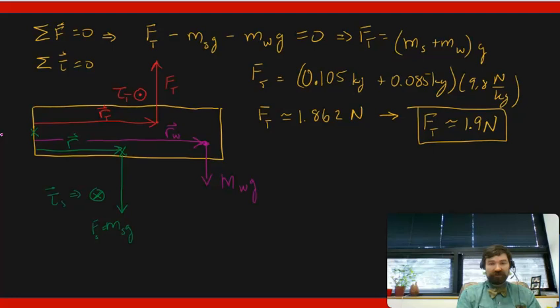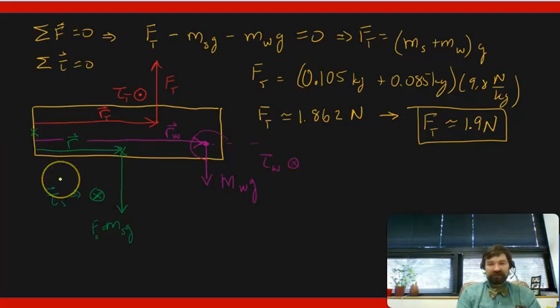And so my right hand rule, R cross MG, remember that this in some ways would extend over here, and so I'm looking at a vector that's greater than 90. It's the 270 degree angle, which means that the sign will be negative, and therefore the tau from the weight is into the board, or negative.